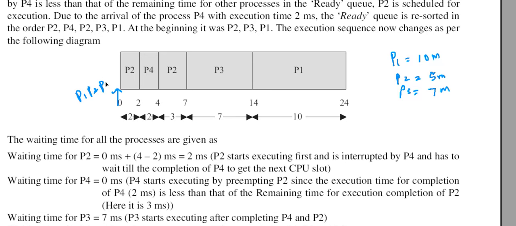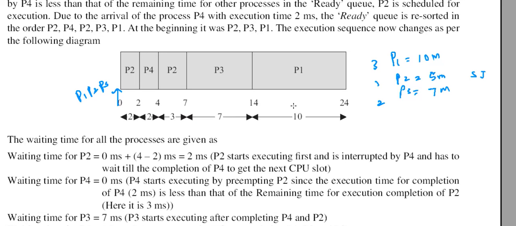P1, P2, P3 all appear together. So which one is the shortest job? This is the shortest job, and the next shortest is this. So first it will execute P2, next it will execute P3. This is the normal non-preemptive order.